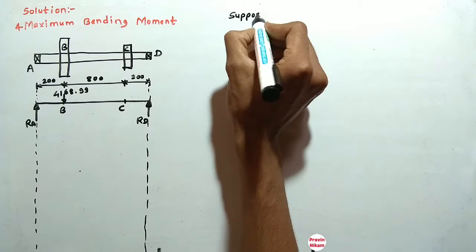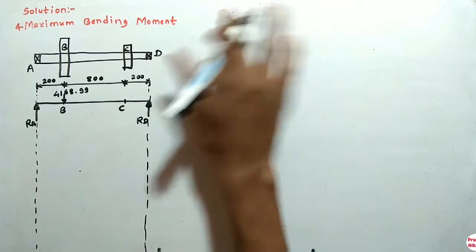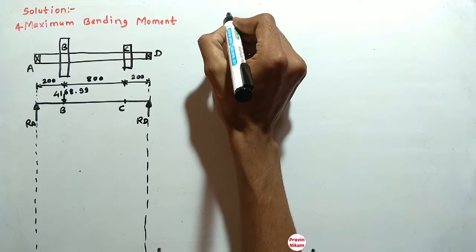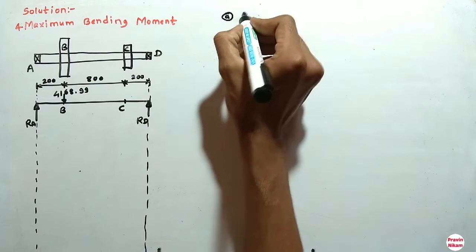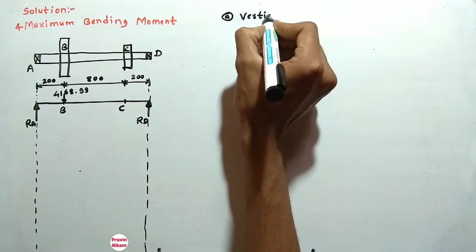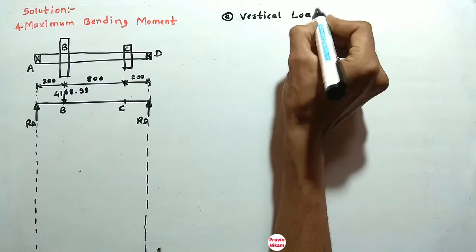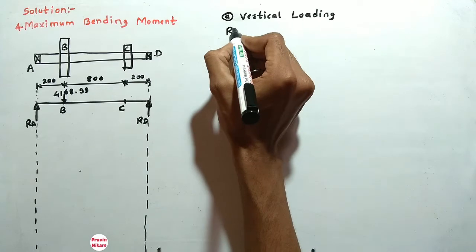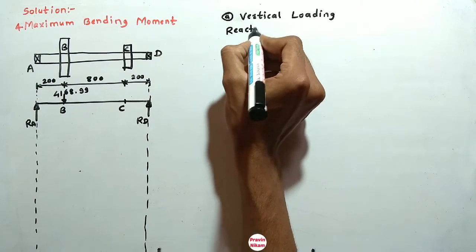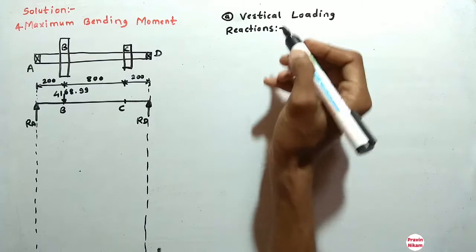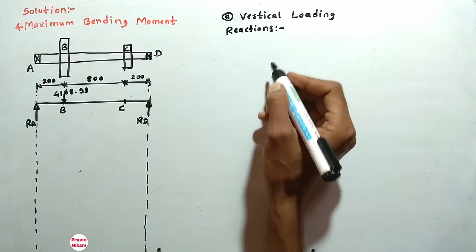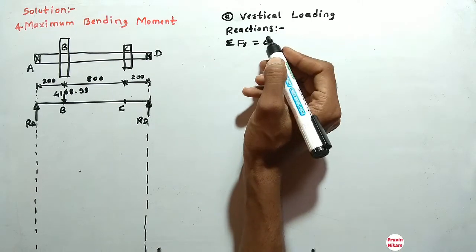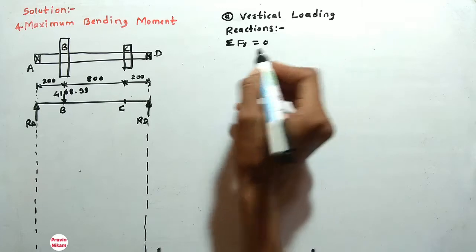So this is for vertical loading. In vertical loading, first find the support reactions. We know the condition: summation Fy is equal to 0.